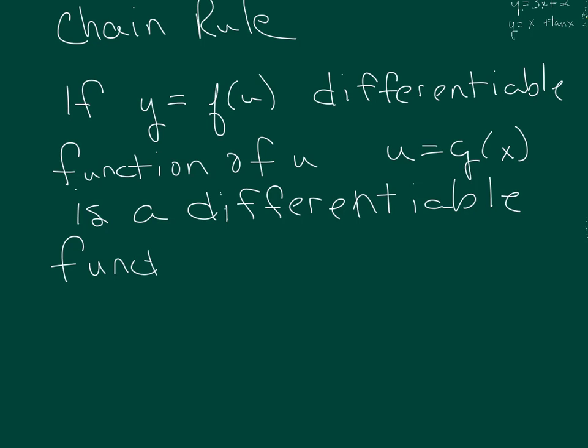I know it gets kind of wordy, but I want to be sure we understand what's going on. Then y equals f of g of x is a differentiable function of x.